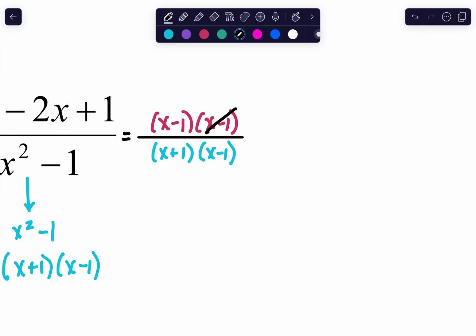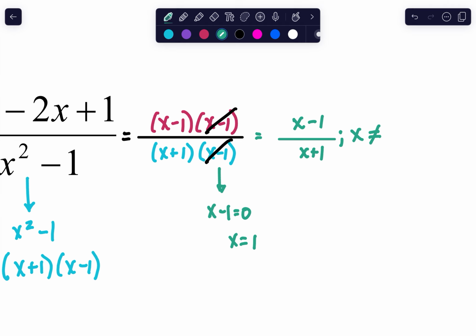We say yes, we can cancel one of those. So my final answer is going to be x minus 1 in the numerator all over x plus 1 in the denominator. But don't forget, x cannot equal what number? So we set that equal to 0, and x cannot equal 1. And that's our final answer.